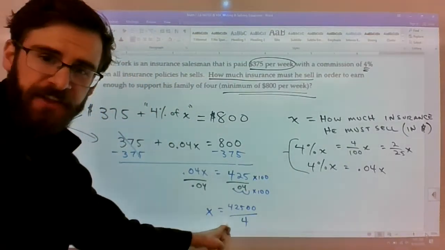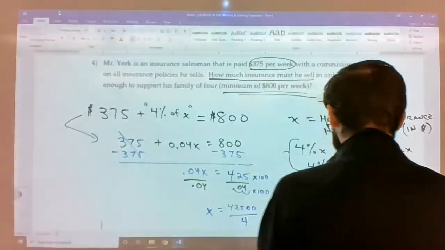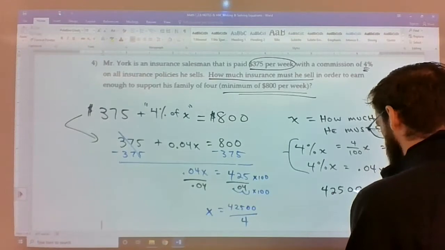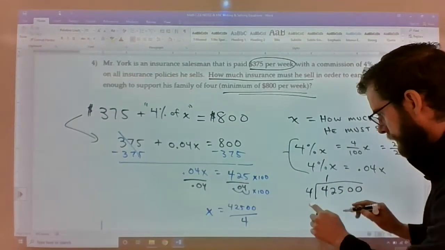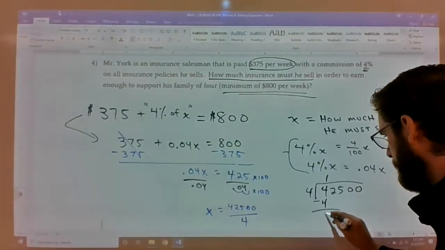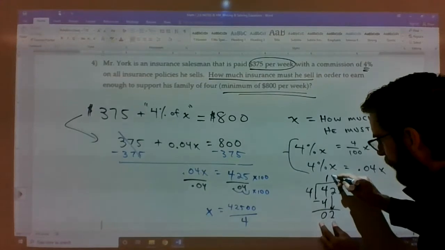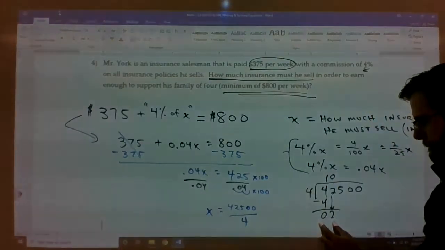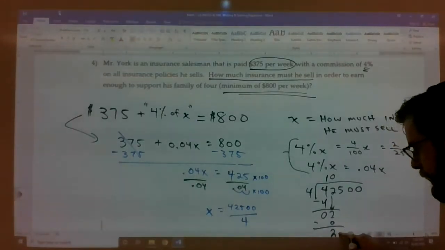All right, so I can take this, move off to the side, actually do that calculation. 4 goes into 4 one time, multiply. Subtract, drop the 2. 4 goes into 2 0 times. So then I got to keep working with that 0. 2 minus 0 is 2.